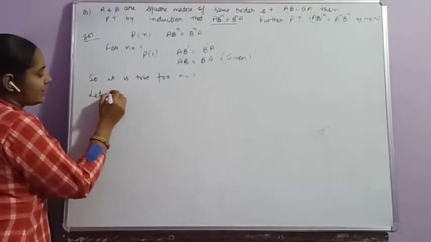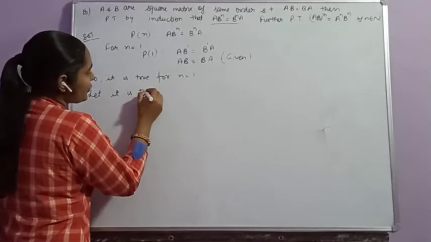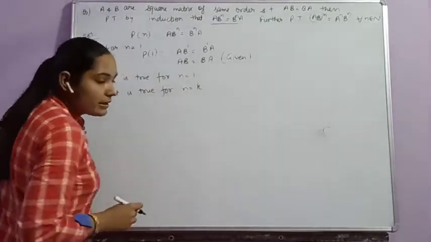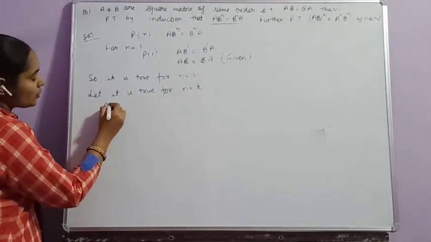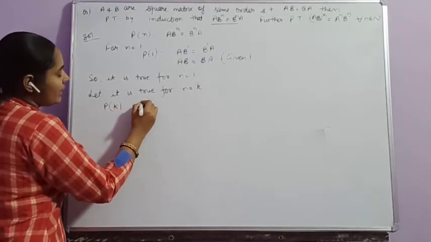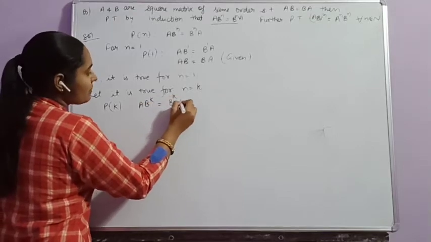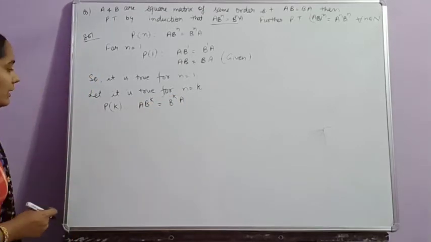Now let it be true for n is equal to k. If it is true for n is equal to k, then Pk will be AB raised to the power k, that is equal to B raised to the power k into A. Clear?